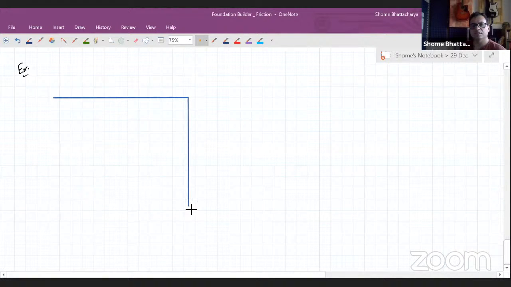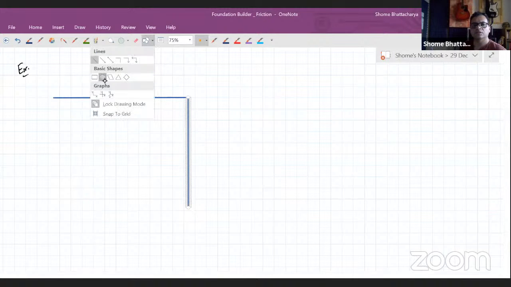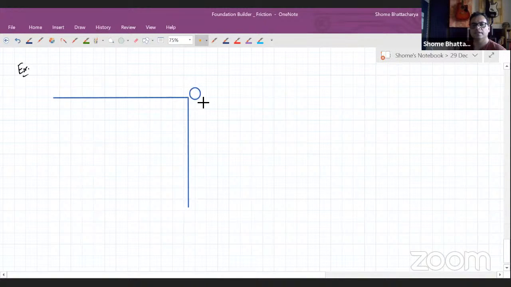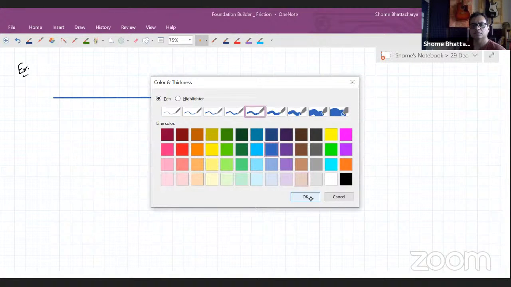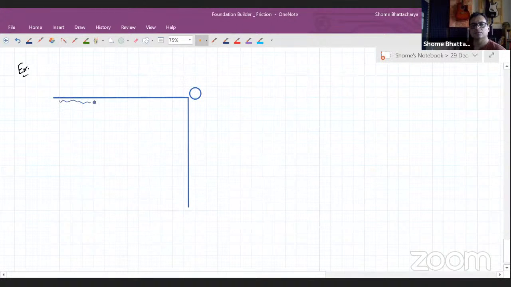So this time we have this kind of a situation. We have a tabletop which is rough with a pulley attached at the end like this. So this is a rough surface with a pulley fixed over here.